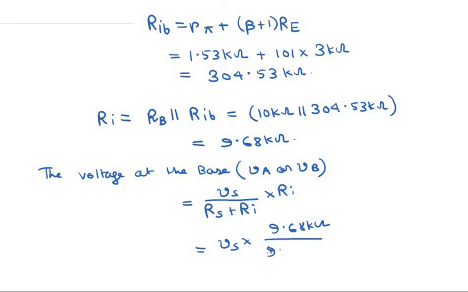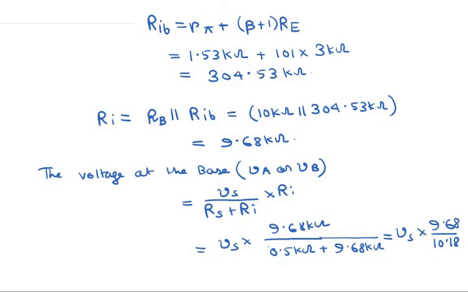So 0.5 kilo ohms plus 9.68 kilo ohms, which basically gives me Vs into 9.68 divided by 10.18. Okay, so this is equal to VA or VB.